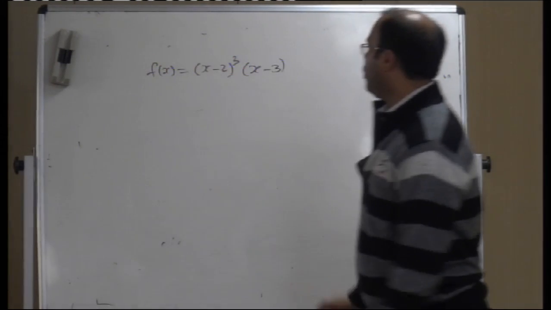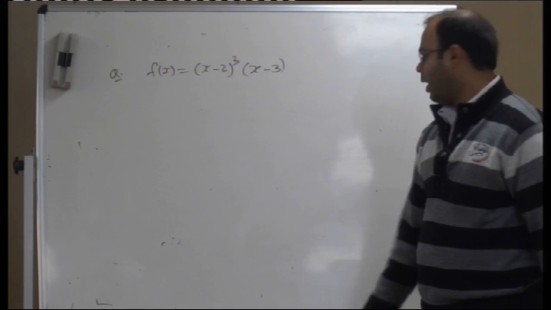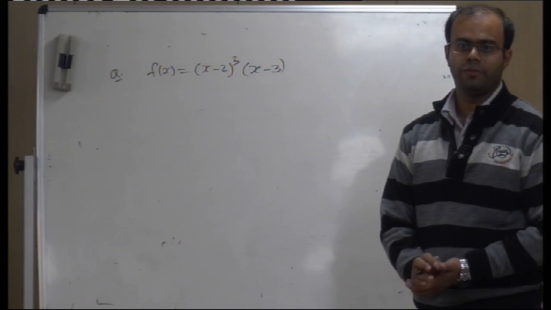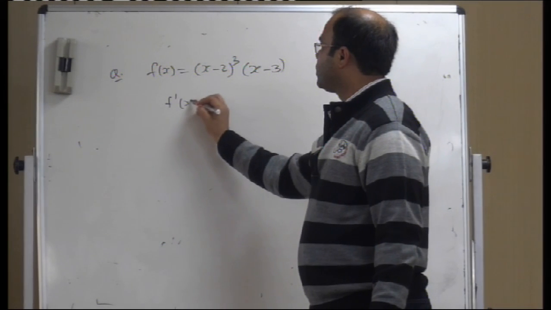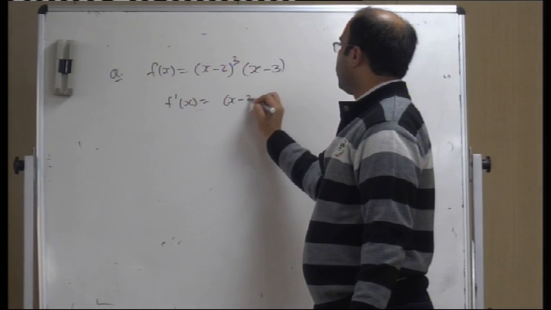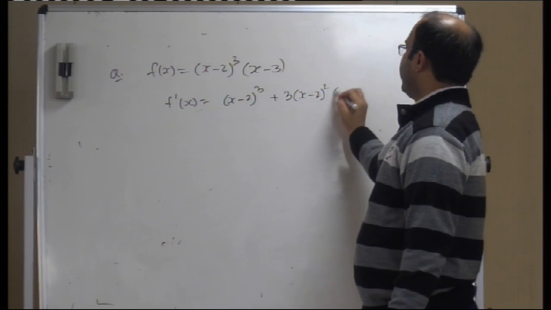Again we find maximum and minimum points, and even if there would be a point of inflection, then you have to find out that one also. So you differentiate it once, you find (x minus 2) whole cube plus 3(x minus 2) whole square into (x minus 3).